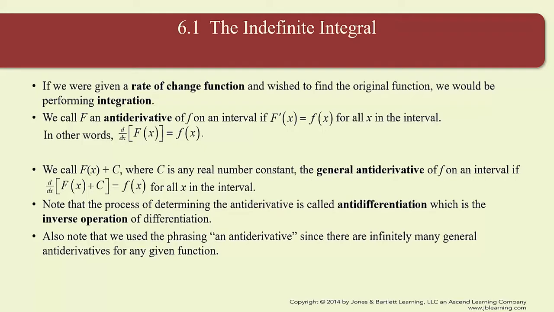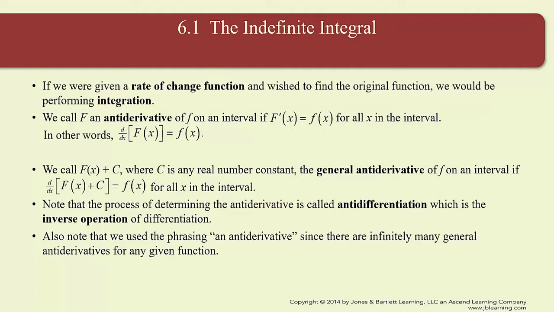Finally, note the phrasing, an antiderivative. When I say an antiderivative, there are going to be infinitely many general antiderivatives for any function. For example, if I tell you I'm thinking of a function whose derivative is 2x, well, the function I'm thinking of could be x squared.